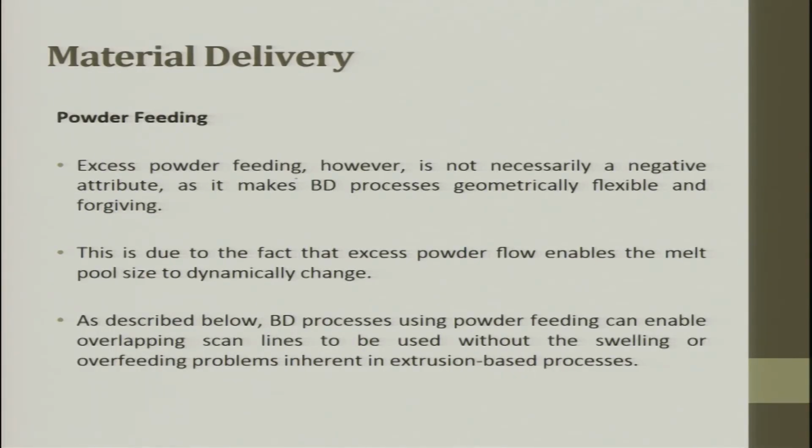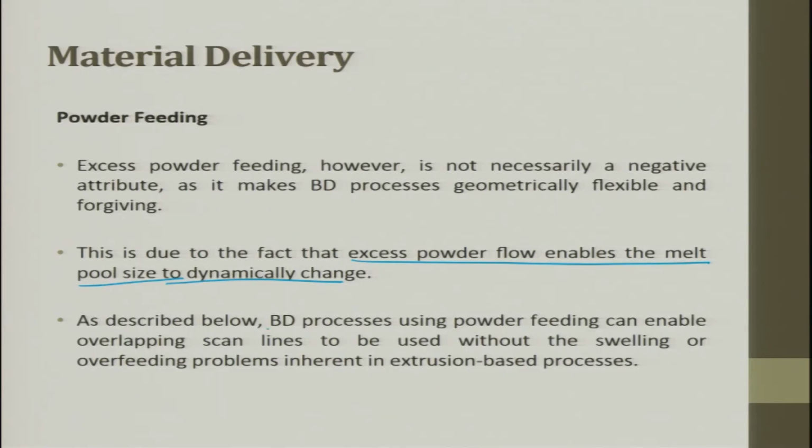Excess powder feeding, however, is not necessarily a negative attribute, as it makes the beam delivery process geometrically flexible and forgiving. This is due to the fact that excess powder flow enables the melt pool size to dynamically change. When you dynamically change the melt pool, you don't know whether you get a larger track or a smaller track.